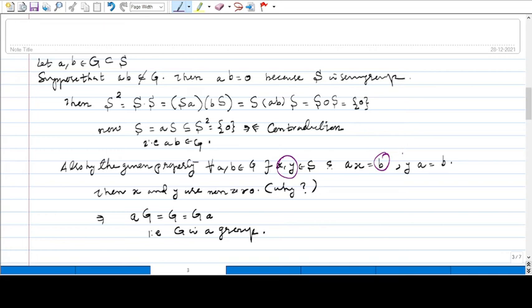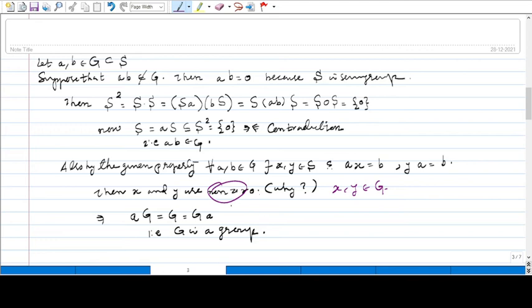A and B belong to G. B is a non-zero element. So if either one of X and Y is 0, then I will get B is 0, which is impossible. That means X and Y are from where? Actually, X and Y are non-zero. That is, X and Y are from G.